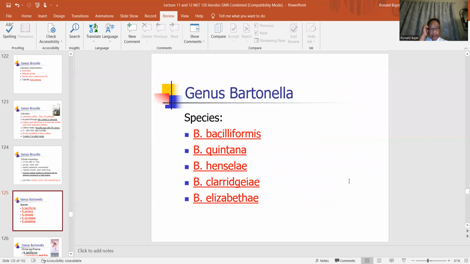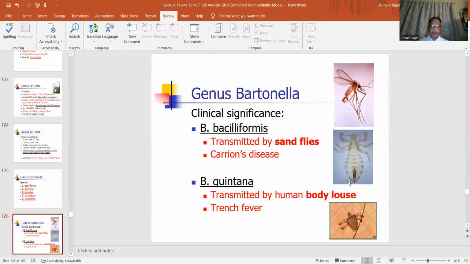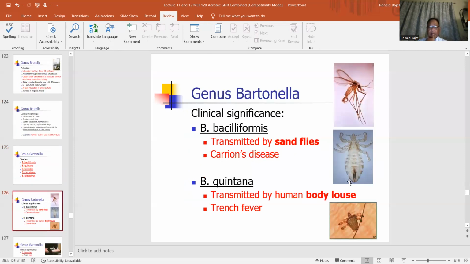All right, the next organism is Bartonella, and there's 5 species. Bartonella bacilliformis, Bartonella quintana, Bartonella henselae, Bartonella clarridgeiae, and Bartonella elizabethae. So make sure you know this slide. Bacilliformis and quintana.